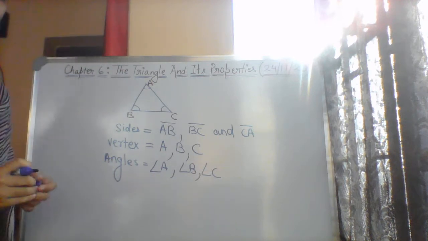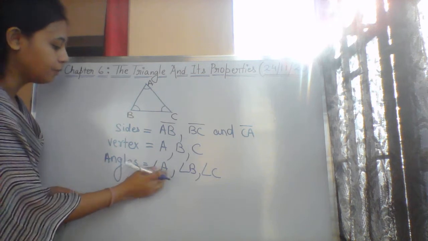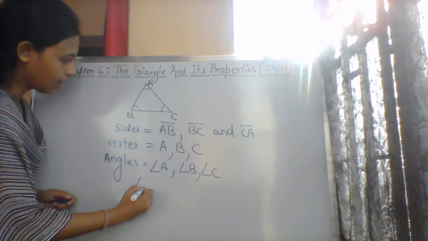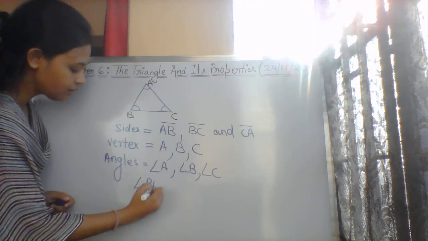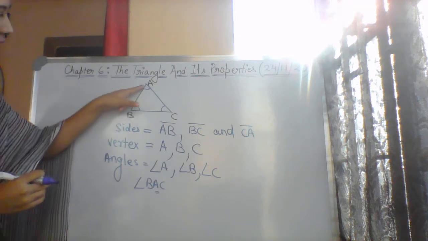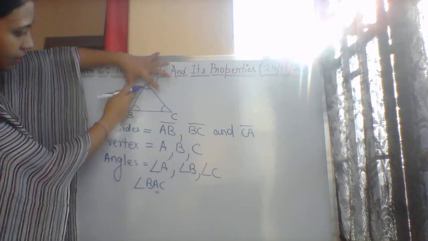You can write angle A, angle B, angle C, but it will be more proper if you mention the angle totally. So what is angle A? We can write angle BAC. The middle letter denotes the angle. So which angle is formed by BAC?